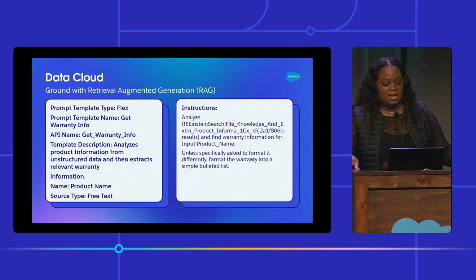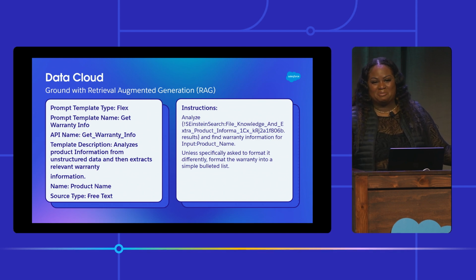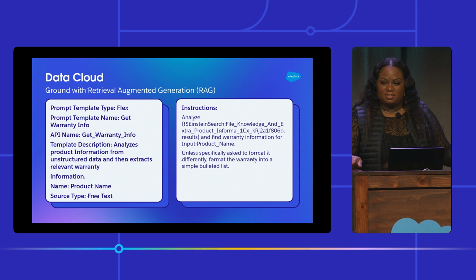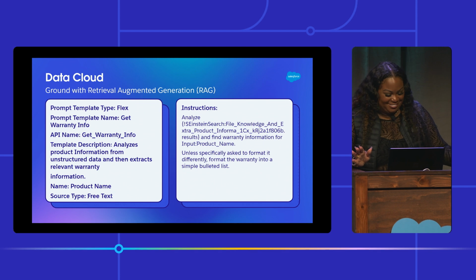And Data Cloud, I think, is one of the greatest features with Agentforce that has come out from Salesforce in a long time. Little plug there for Salesforce, but super great.